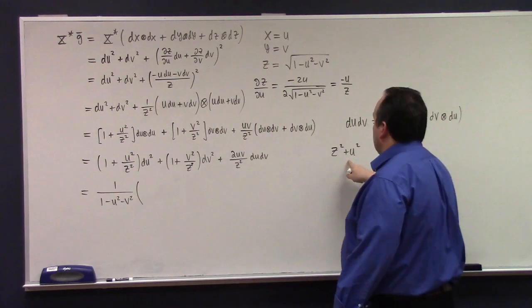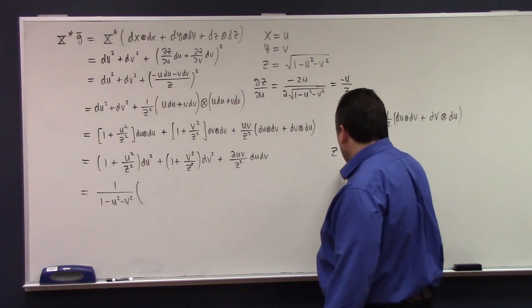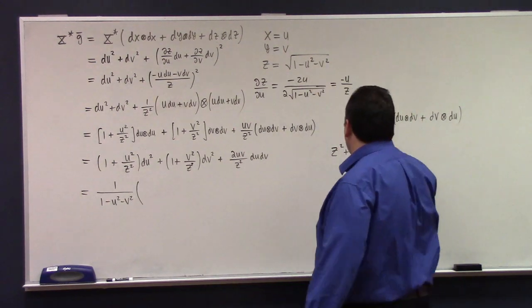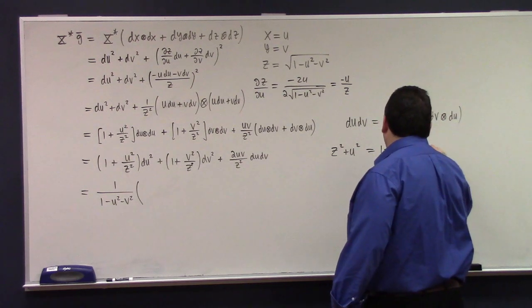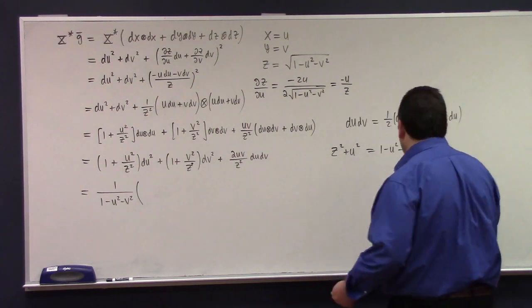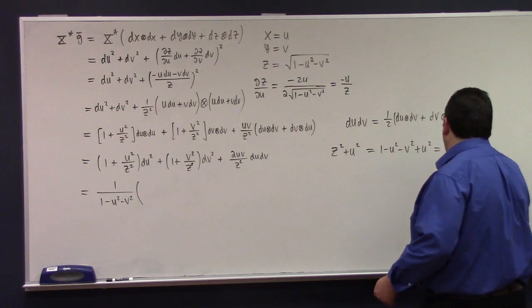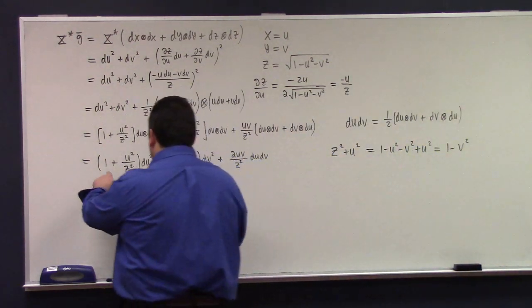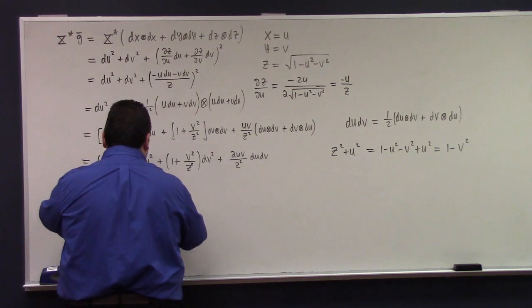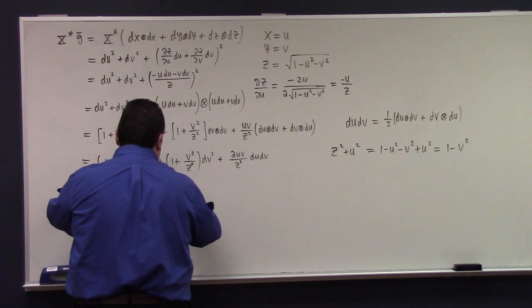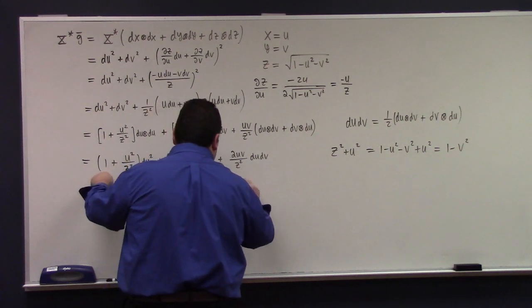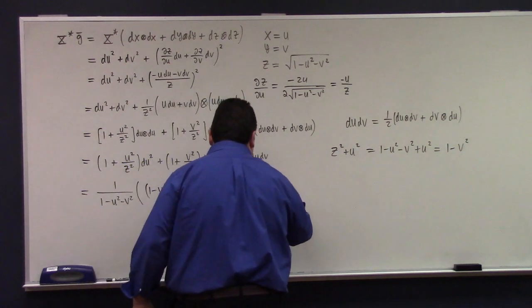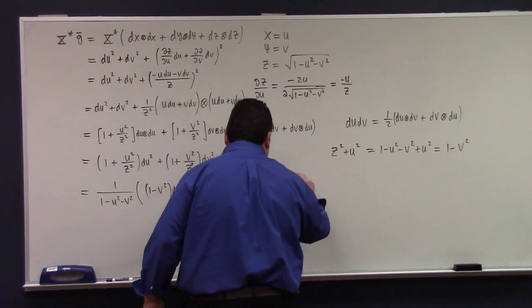So what is z squared plus u squared? Well, z squared plus u squared is 1 minus u squared minus v squared plus u squared, also known as 1 minus v squared. So this is going to give me 1 minus v squared du squared plus 1 minus u squared dv squared plus 2uv du dv.